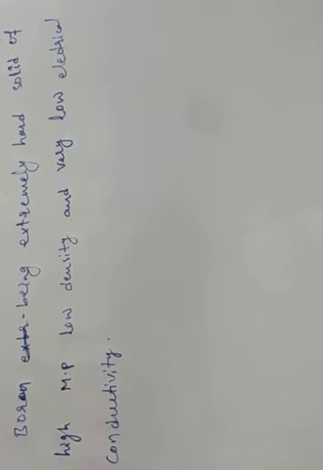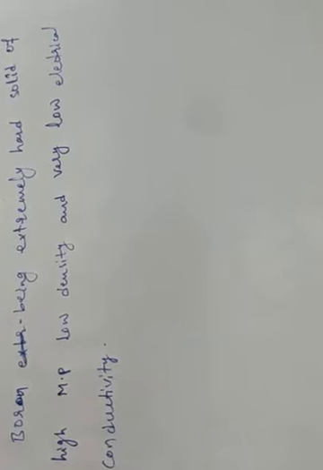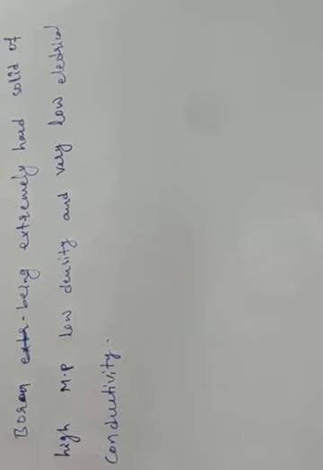And boron exists in two allotropic forms. One is amorphous boron and another one is crystalline boron. Allotropic, for suppose carbon also has allotropes, like that boron also has allotropes.